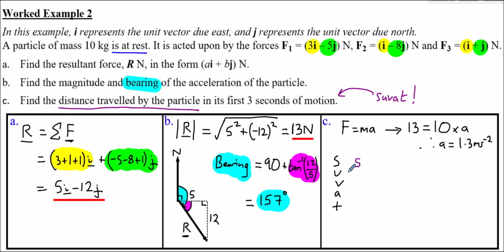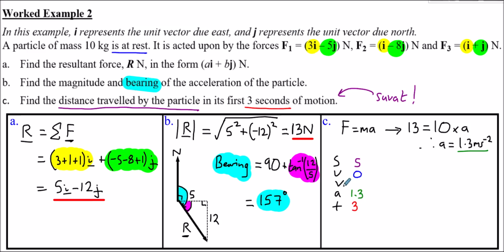So the initial velocity is 0. We've now worked out the acceleration of this particle. This acceleration is 1.3, so I can label in 1.3. And as well as that, we've been told it's a distance travelled in the first 3 seconds of motion. So the time we're using is 3.